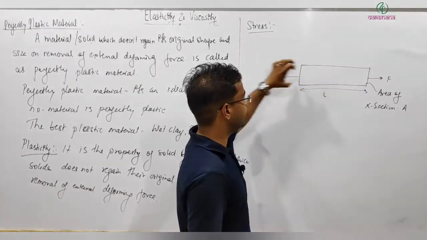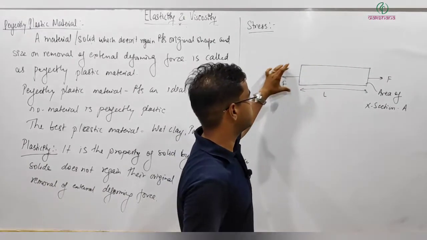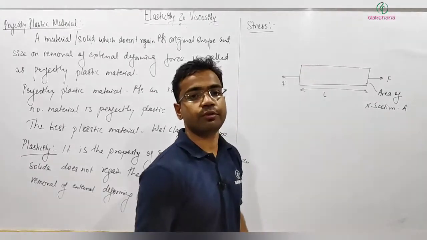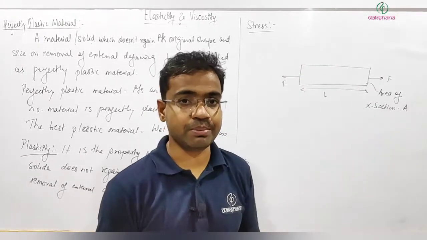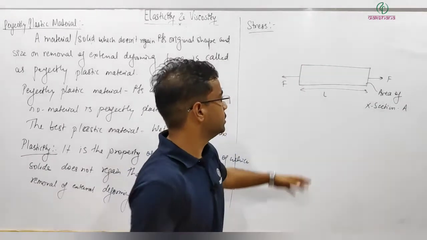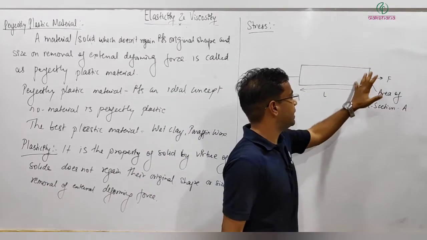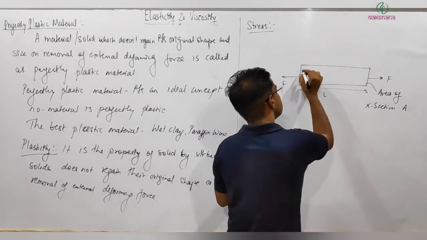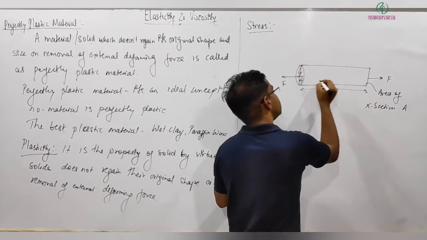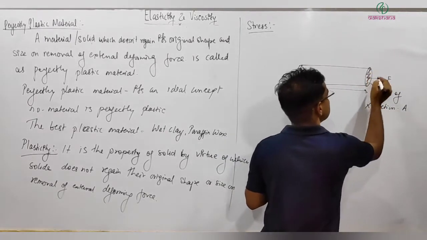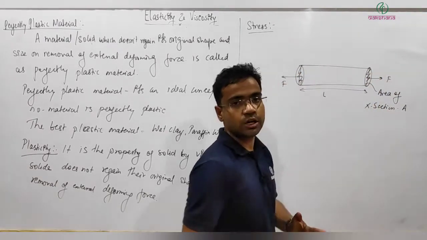We are pulling it by applying this force uniformly on its surface. If it is, let's say, cylindrical, then this force is applied on its complete cross section.